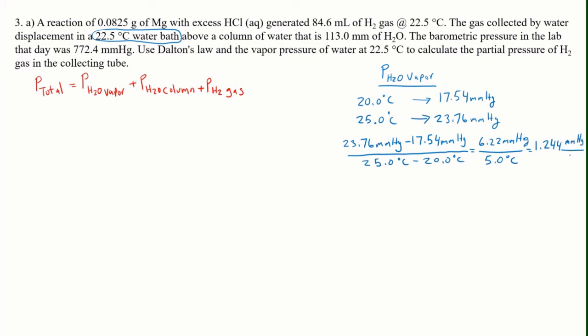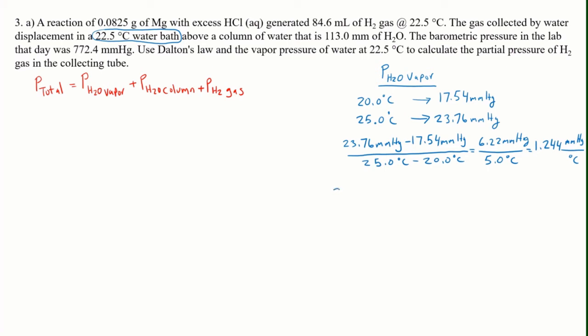per degree Celsius. Now I know that 22.5 is 2.5 degrees away from 20. I already know what the pressure is at 20. It's 17.54, and between 20 and 25 the pressure will change by 1.244 millimeters of mercury for every degree.